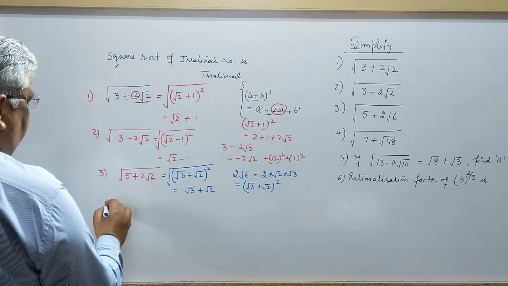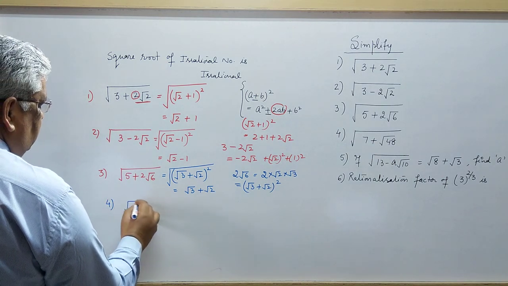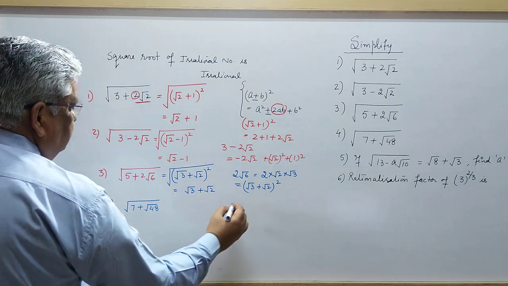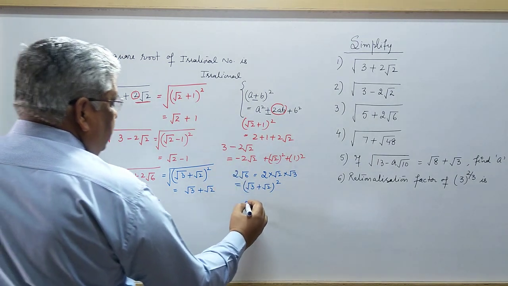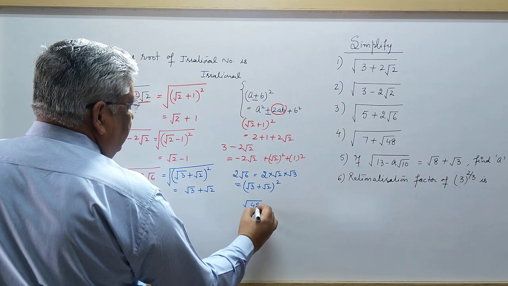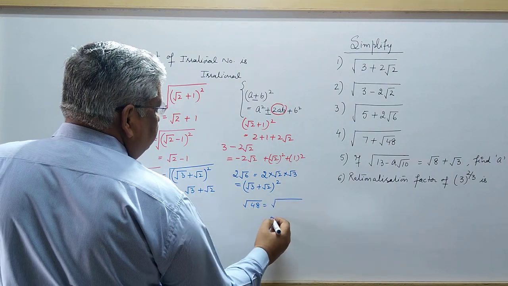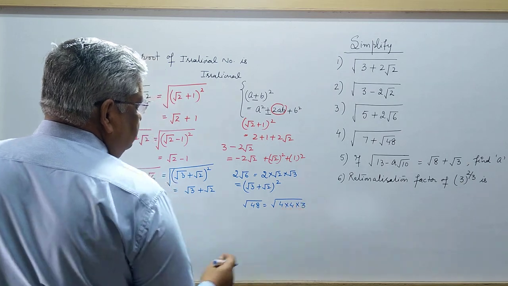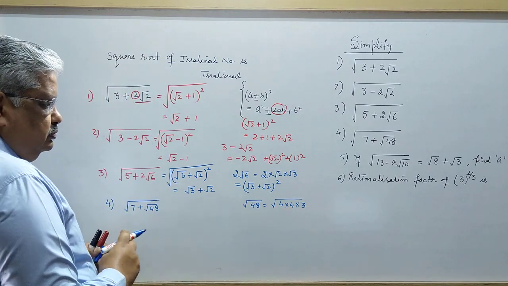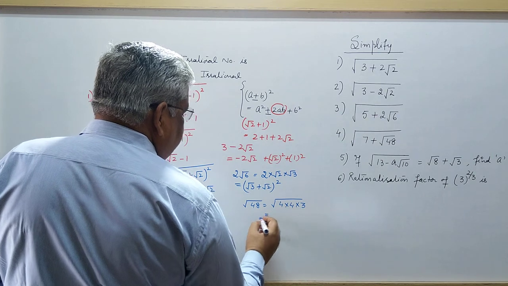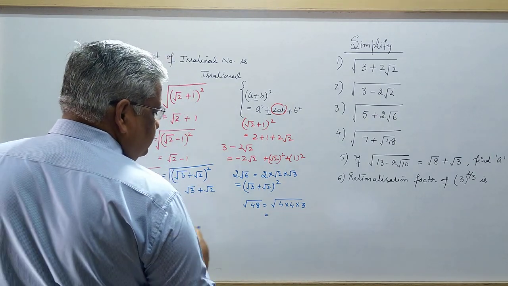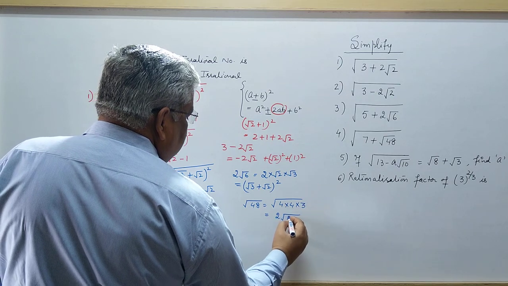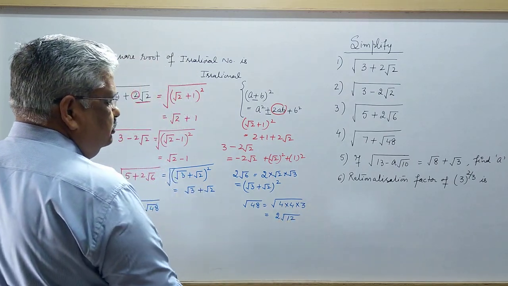In question number 4, this is 7 plus under root of 48. Now in this case, root 48 can be written as 4 into 4 into 3. It means 2 into 2 root 3, that is 4 root 3.